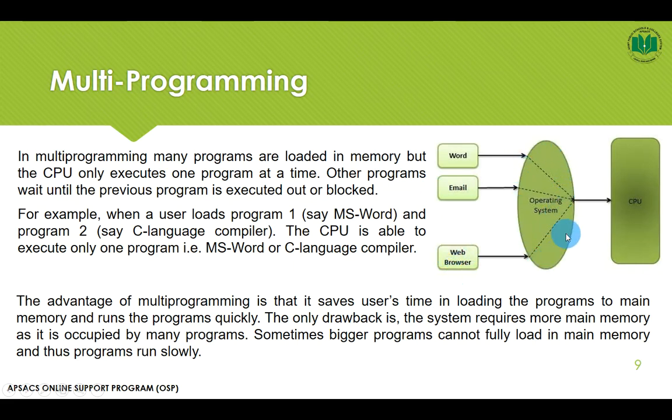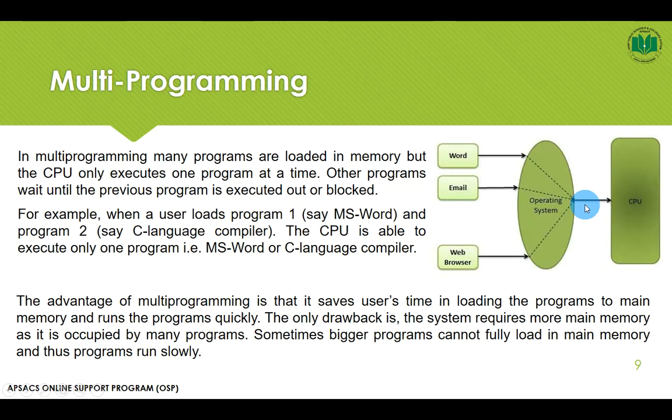Our operating system understands that our CPU can execute only one process at a time. So it will put all the processes in a queue and execute them turn by turn, and the CPU will execute all these things very quickly.